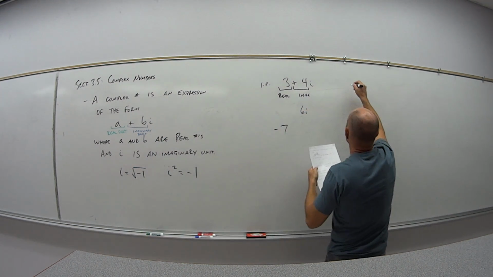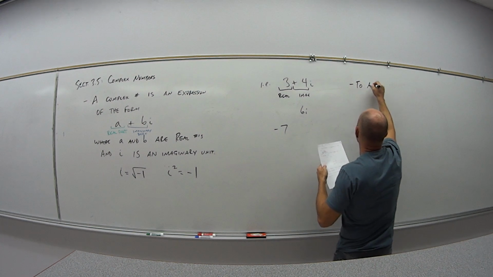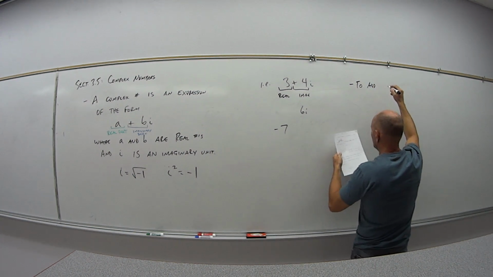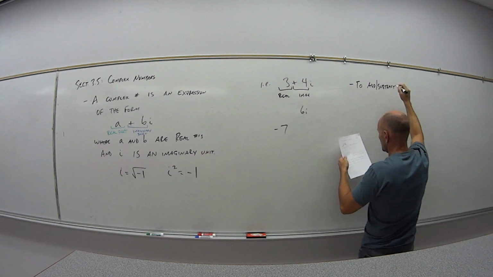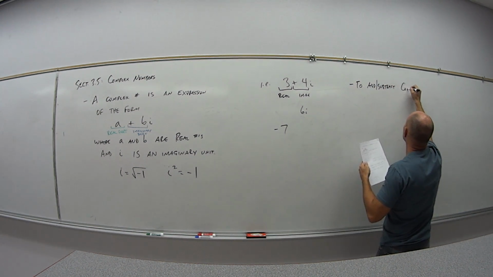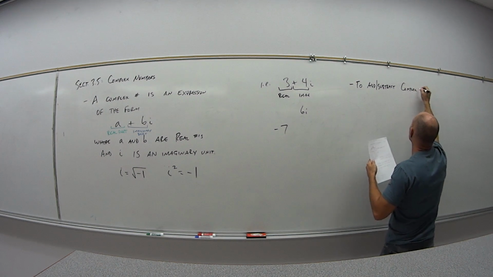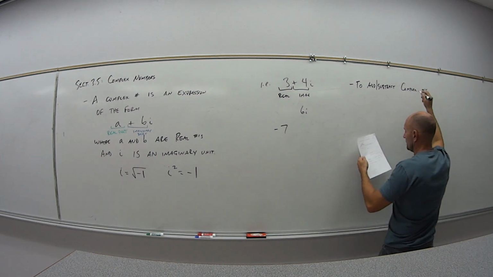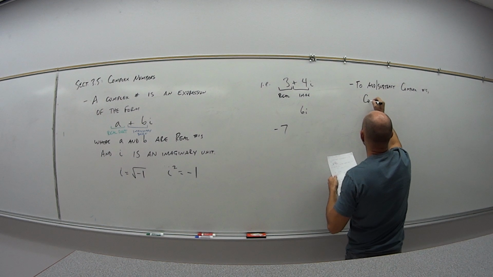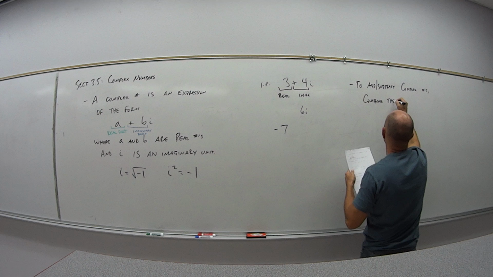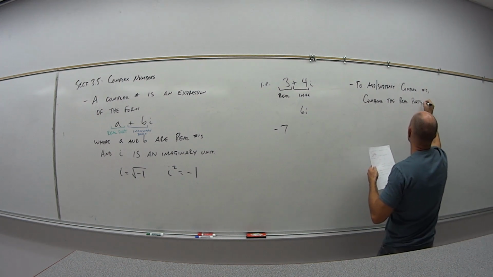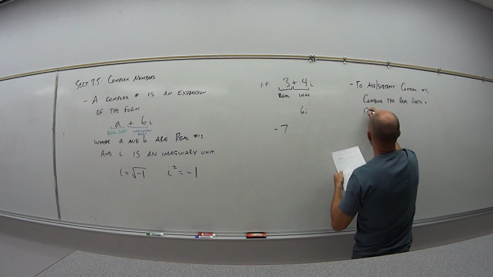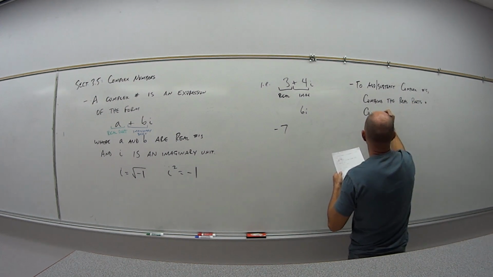Now, some algebra of complex numbers. To add or subtract complex numbers, we combine the real parts and combine the imaginary parts.